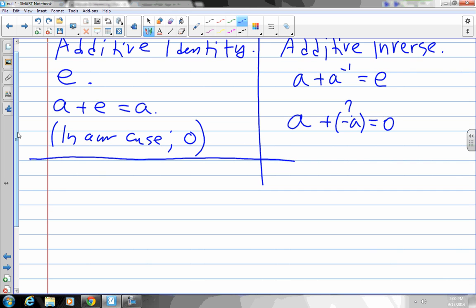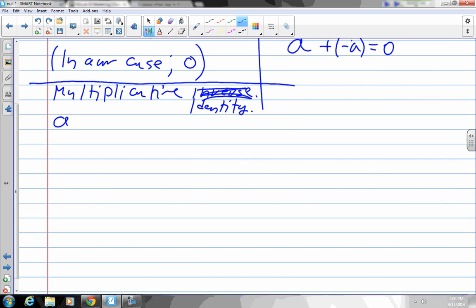But additive inverse, multiplicative. Now, the same thing works with the multiplicative inverses. Check this out. So multiplicative identity. The idea there is, if you take a number and you multiply by something, it's the same number. So in our universe, what is that identity? If you multiply a number, it's just the same number back. 1. So in our world, E equals 1.